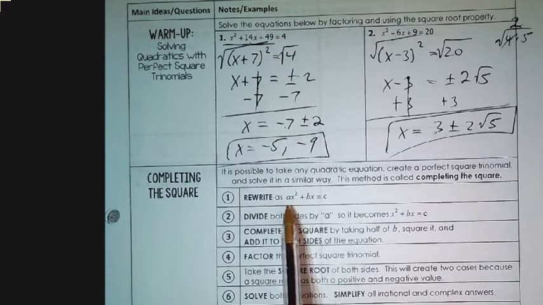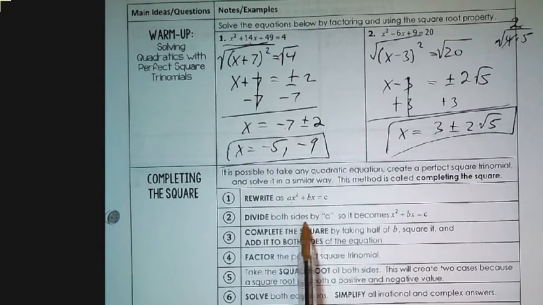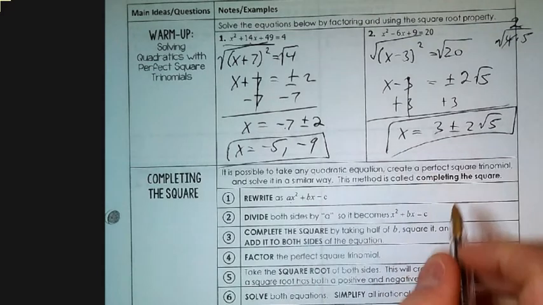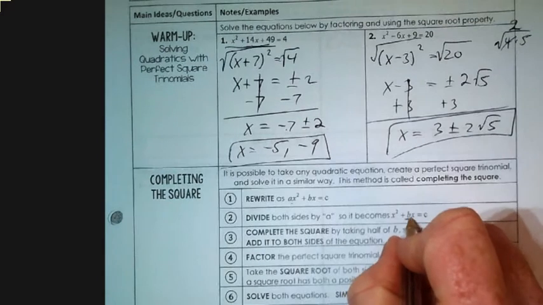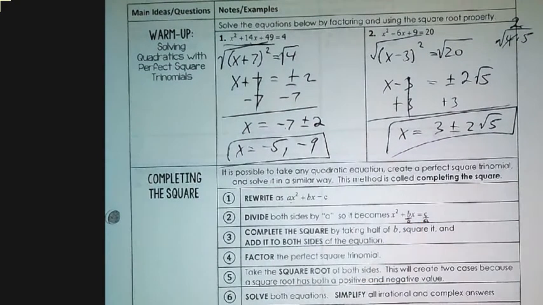If there is a number in front of x squared, like a 2 or 3, we're going to divide both sides of the equation by a, so it becomes x squared plus b over a x equals c over a.